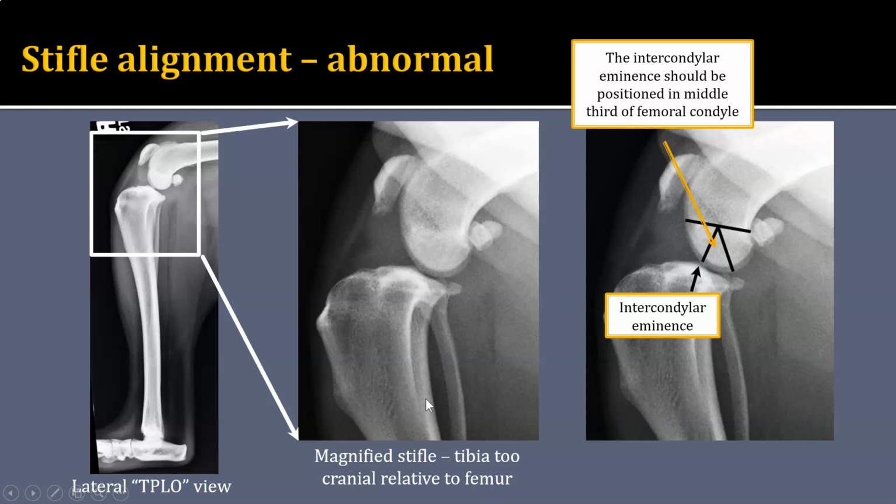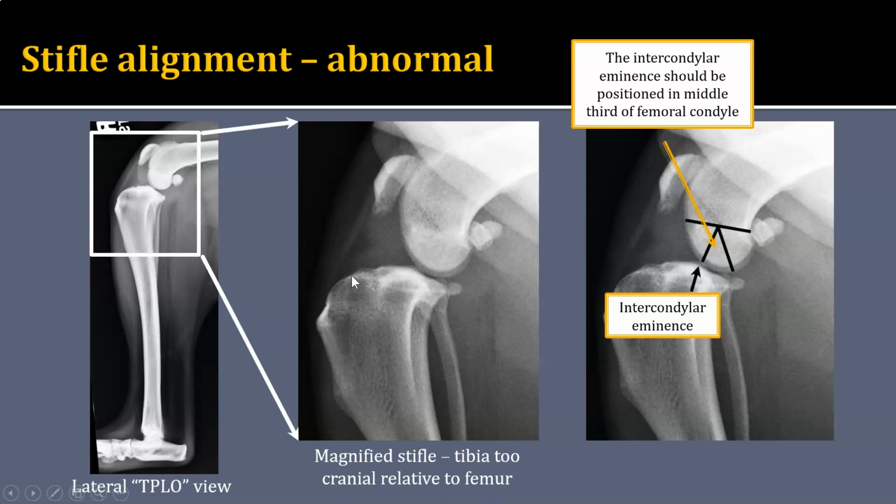Remember when we learned about displacements with our fractures or with our joints, we talk about the distal limb or the distal portion of the limb relative to the proximal portion. So this tibia is too cranial relative to the femur. This patient also has marked intracapsular swelling of the stifle joint, also has a large osteophyte on the distal patella, and then has just a teeny little bit of filling in of bone from enthesopathy here.